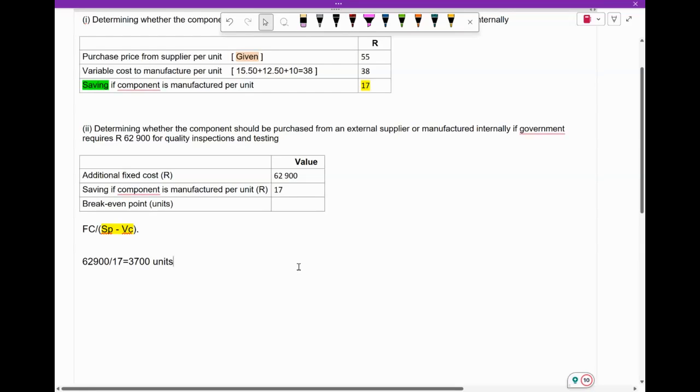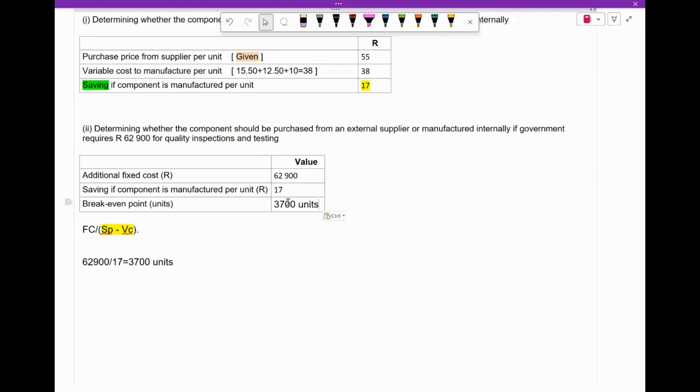So basically, what are we saying here? We're saying if we are going to utilize 3,700 units or more, then we must manufacture the component. If, however, we are going to use less than 3,700 units, then we should not manufacture it ourselves.